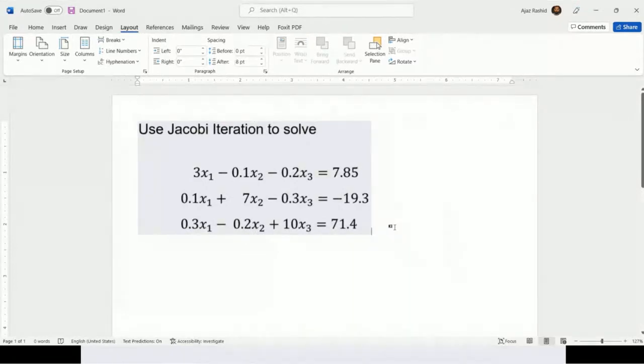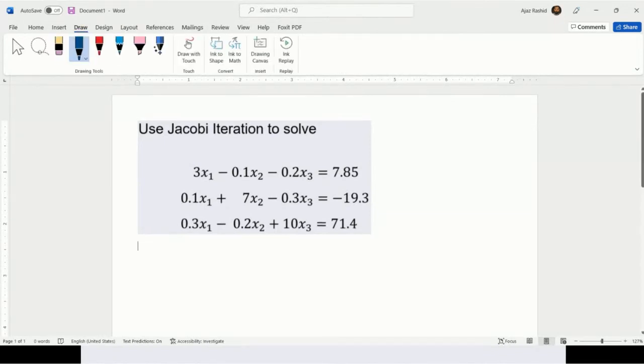So use Jacobi iteration to solve the problem. Now, the first thing that you are going to do is rearrange the equations for x1, x2, and x3. So the first equation, we'll use it for x1: x1 is 7.85 plus 0.1 x2 plus 0.2 x3, divided by 3.